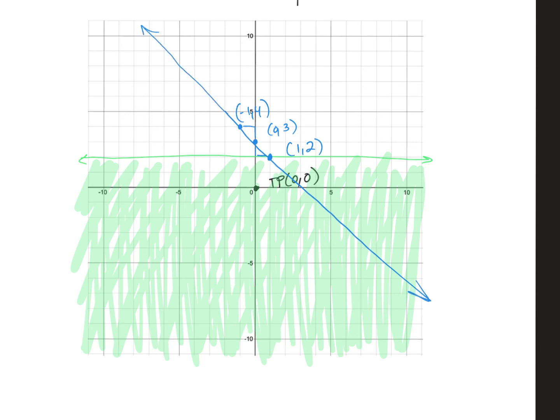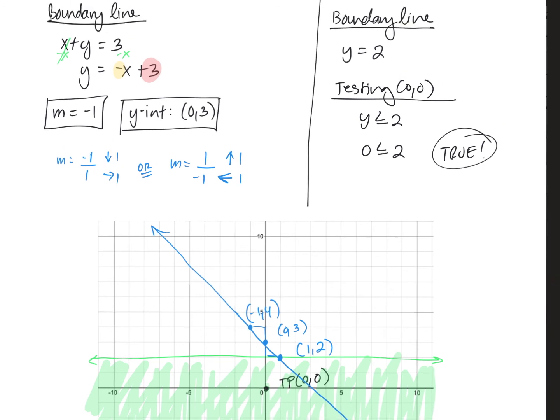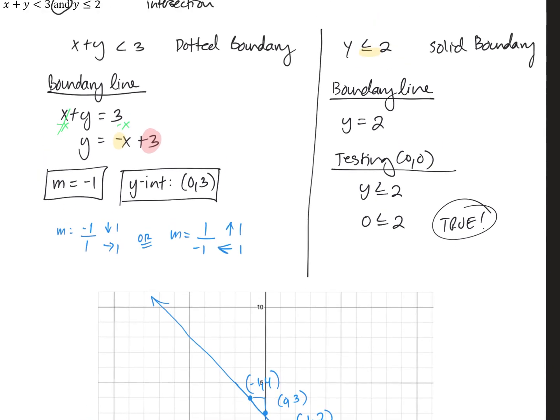Okay, now we need to do a test point. As usual, I'm going to pick 0, 0 since my line doesn't pass through it. So let me erase my mini scratch work here for the slope. Let's go ahead and show the work for the testing. Always list which point you're testing, by the way.